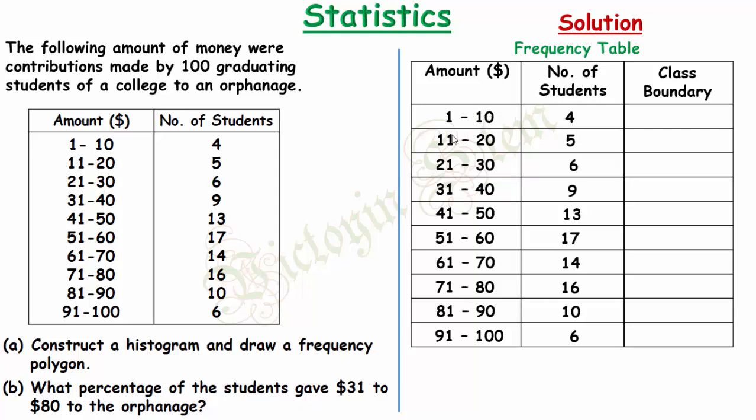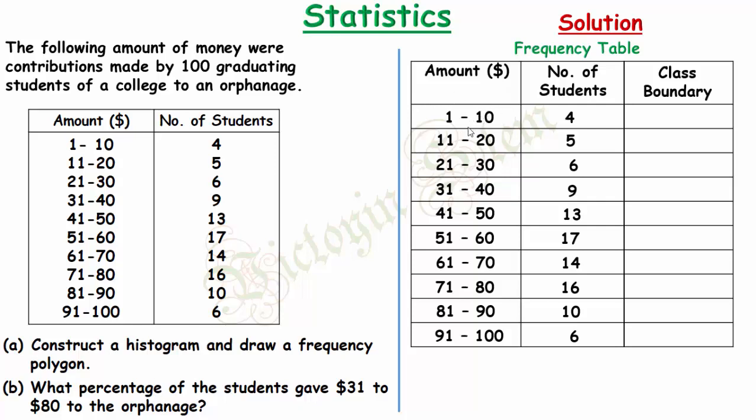So you can see 10, 11, 20, 21, 30, 31, 40, 41, 50, 51, 60, 61, 70, 71, 80, 81, 90, 91, and then we have 100. So for us to be able to figure out the lower class boundary of the first class, we need to assume the existence of a value before the first class.